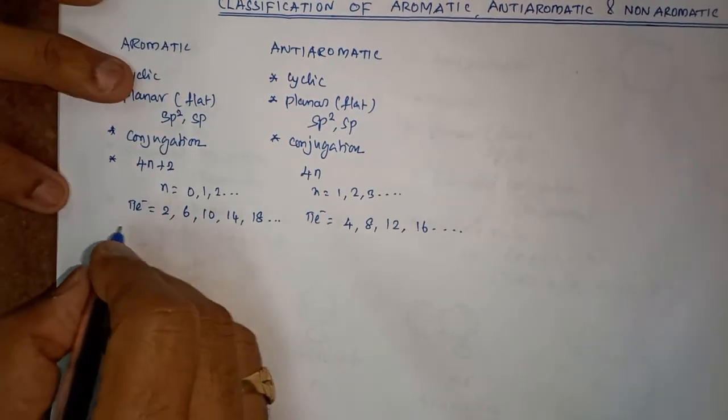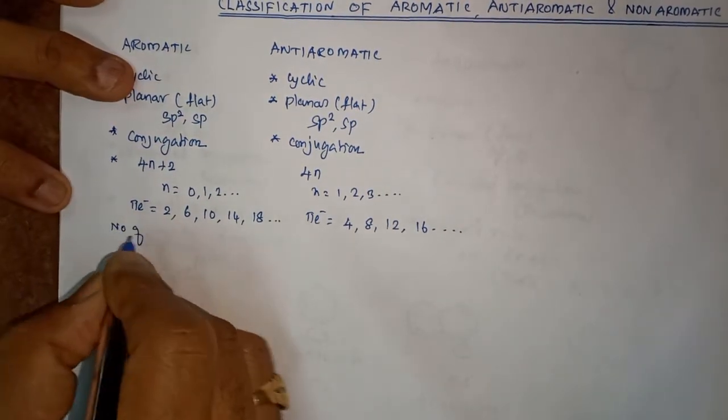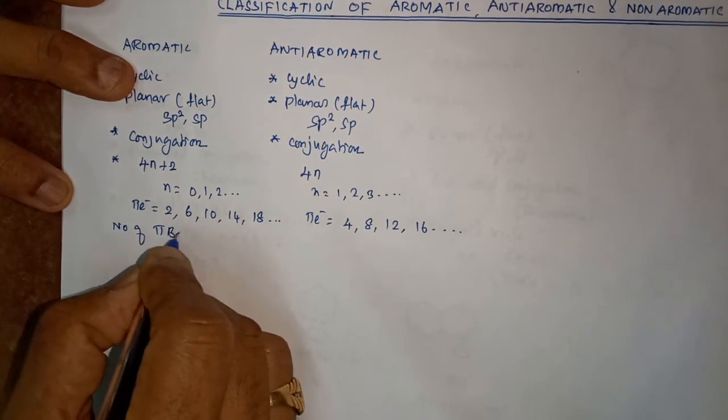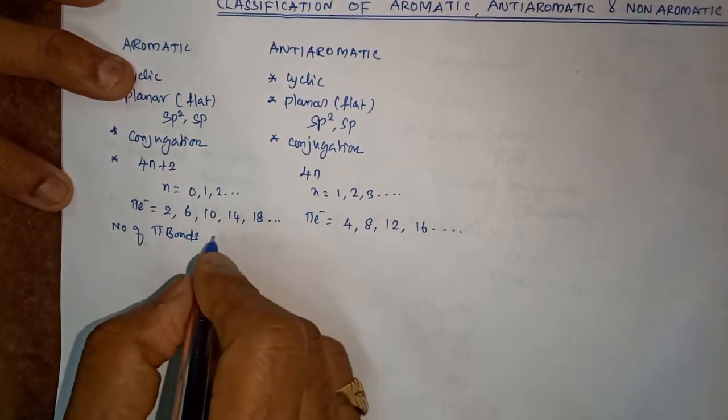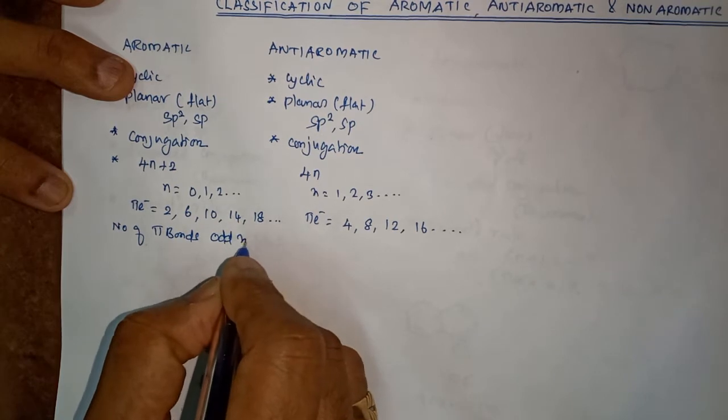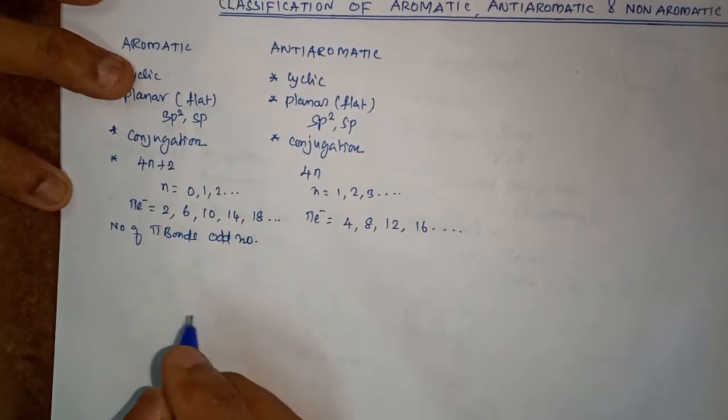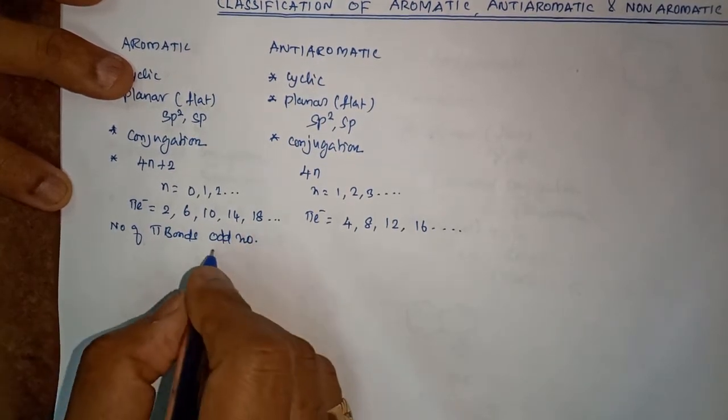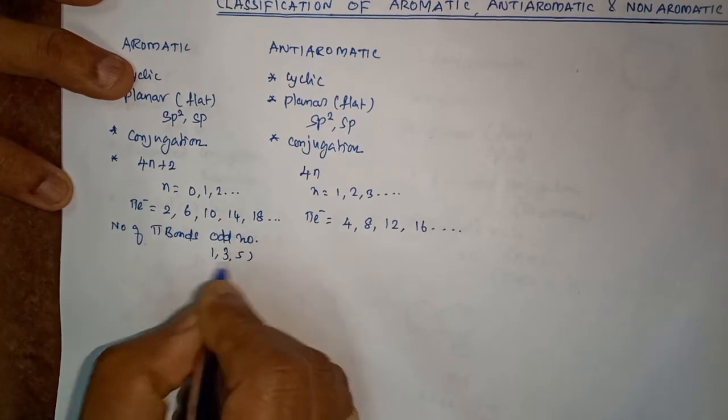Pi electron number means the number of pi bonds: for aromatic, odd numbers, that may be 1, 3, 5 something like that.